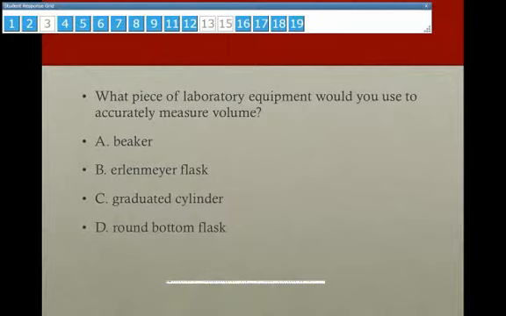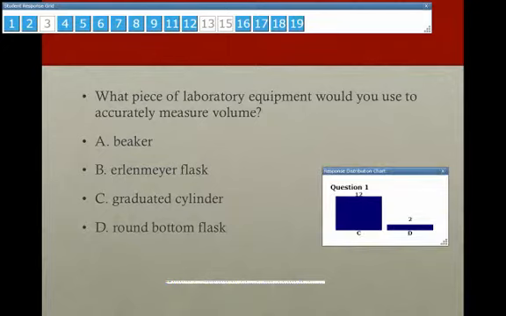Okay, the answer is C. So round bottom flask actually doesn't have any graduations on it. It's just a big round with a flat bottom, and it's used for heating stuff up.